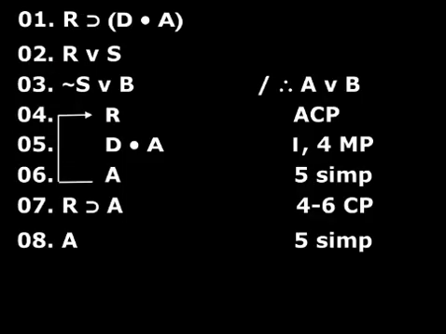Let's go back to the example I just did. I assumed R, I got A, got the conditional if R then A. Now I'm thinking, okay, how can I proceed with my proof? Oh gosh, I'm trying to derive A or B. I've got A here, or I've got if D then D and A here.